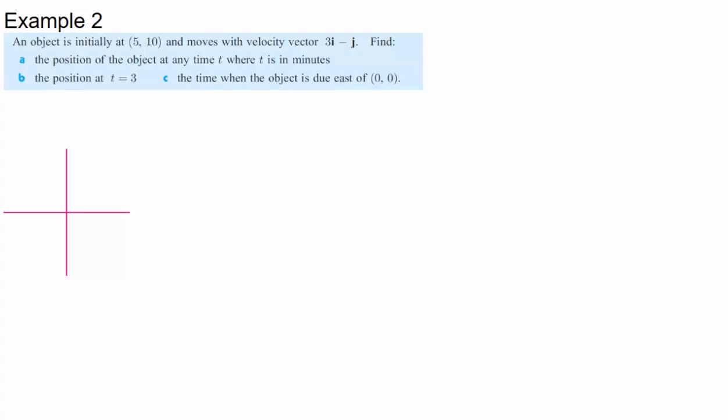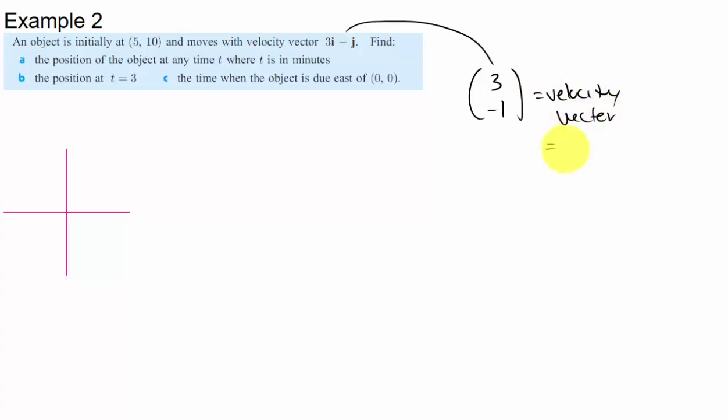So let's look at an example. An object is initially at 5, 10, so that's a coordinate, and moves with a velocity vector of 3i minus j. So remember, this would be 3, -1 as our velocity vector.